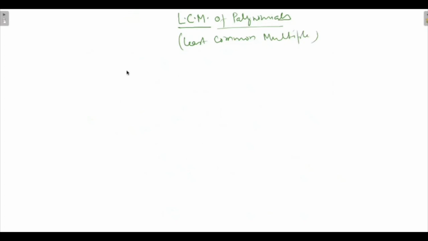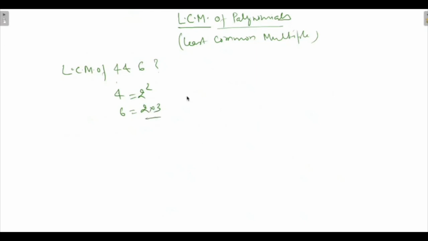So let's see if you remember. Can you tell me the LCM of say 4 and 6? Okay, so 4 is going to be 2 square, and then 6 is going to be 2 into 3.